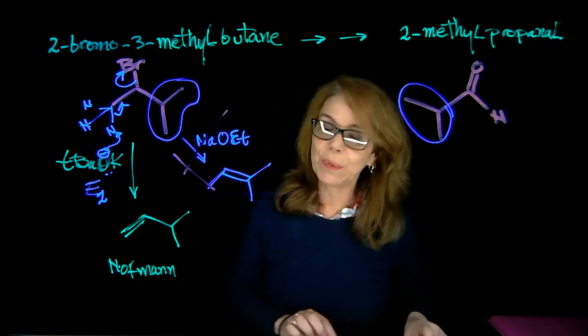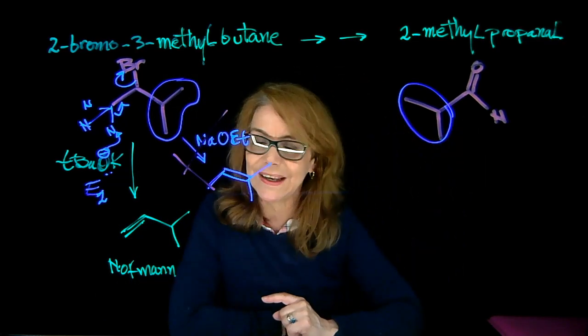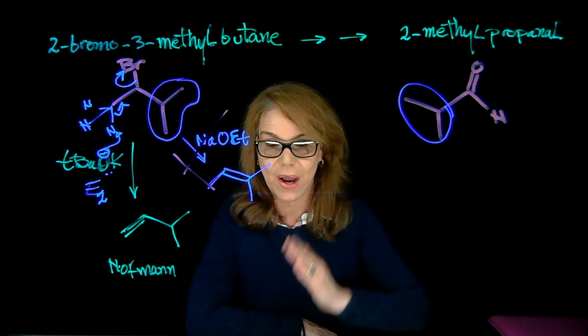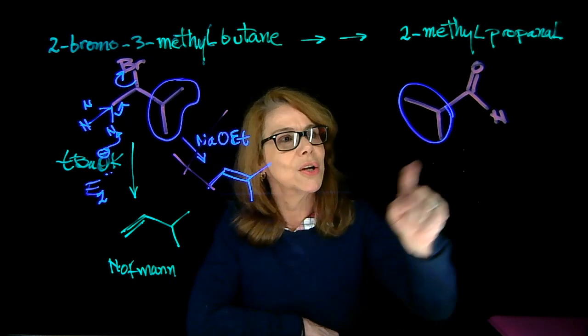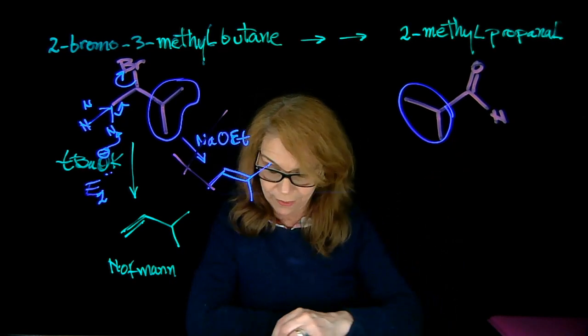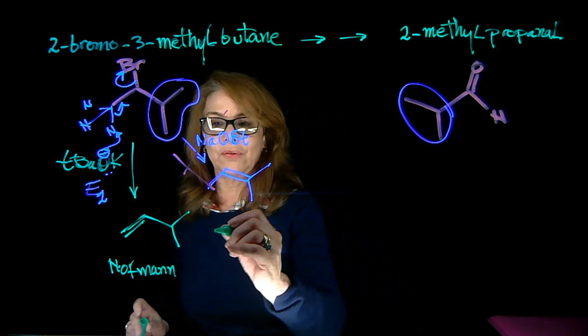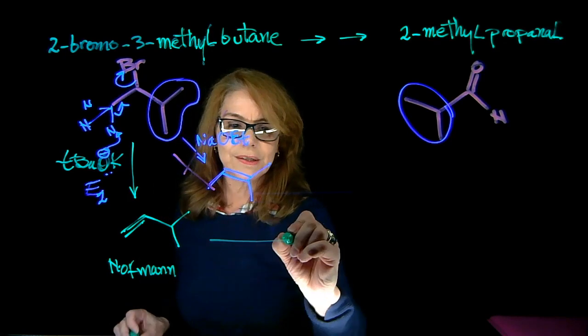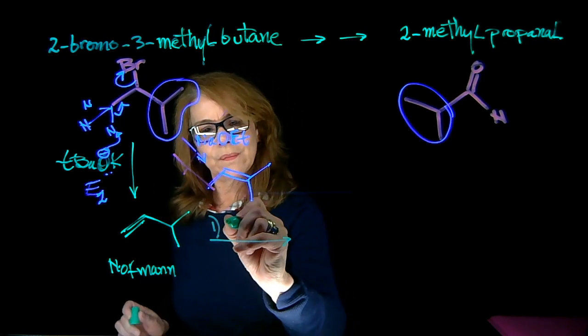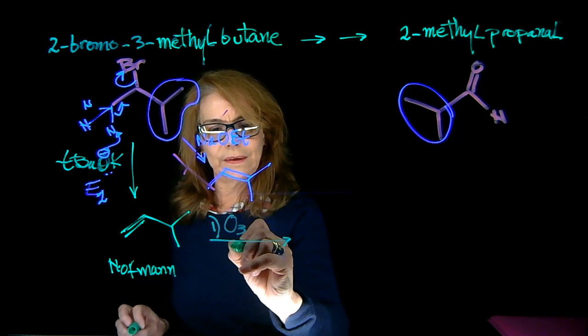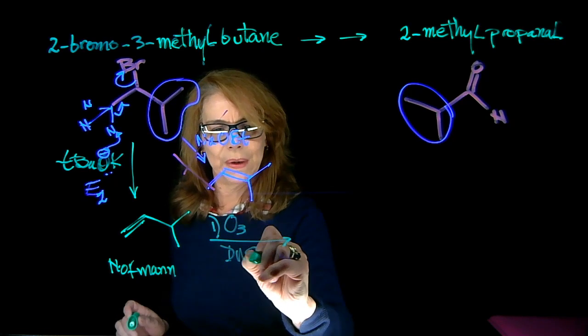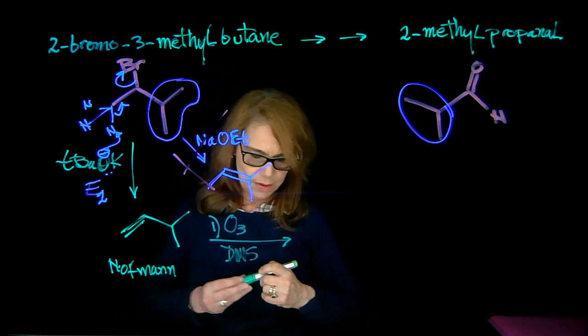And why is that? Because I want to make that molecule, and now I want to cleave that molecule to make this aldehyde. So the way that we do that is ozonolysis. So ozone in DMS, so dimethyl sulfide.